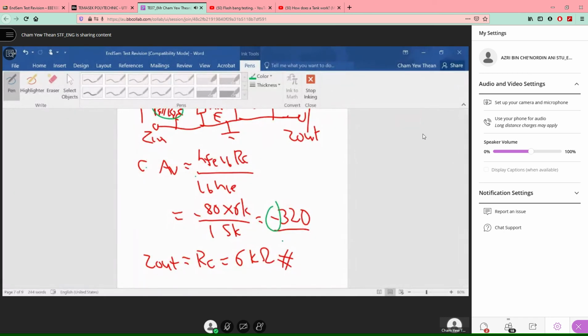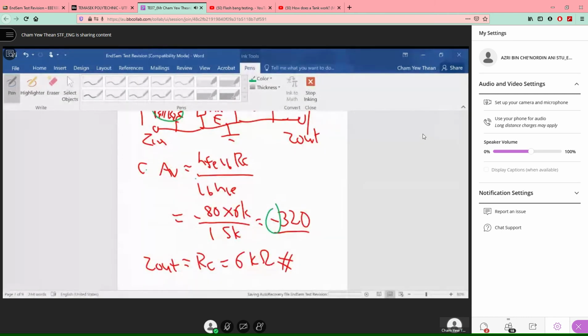Because your gain is negative, your input and output voltage are 180 degrees out of phase. The phase difference is 180 degrees. With this information, if I ask you to draw the input voltage waveform and the output voltage waveform, you should be able to draw them.